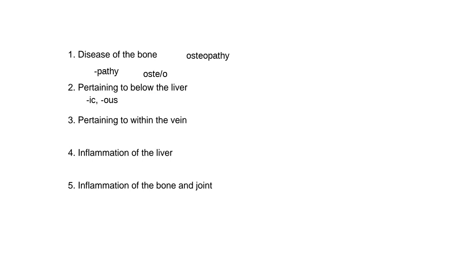Below is a prefix, so that gives me location. A word root will not give me location. The word root will usually give me an anatomy, an anatomical part, or a thing. Whereas the prefix or the suffix will give me location. It can give me amount. It can give me size, that kind of thing. So below means location, so that's going to be a prefix.